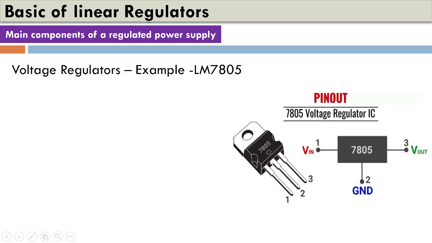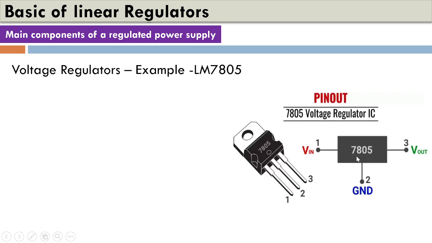The third part, which is the very important one, is the regulator part. Now, suppose you want to make a regulated power supply whose output voltage will be fixed at a positive DC 5 volts, then you can use readily available voltage regulators like this. Here we can see it is a 7805.